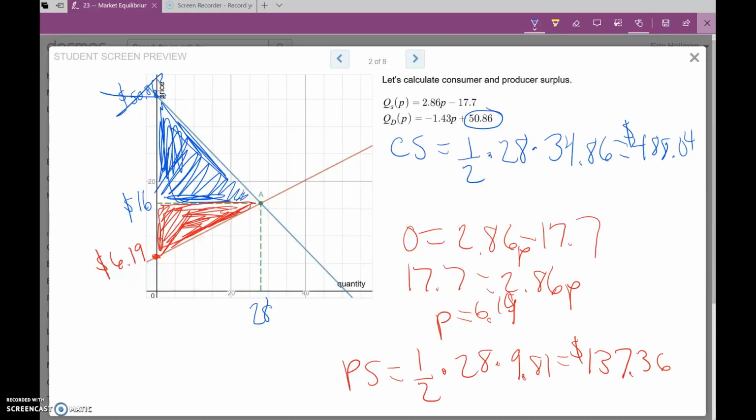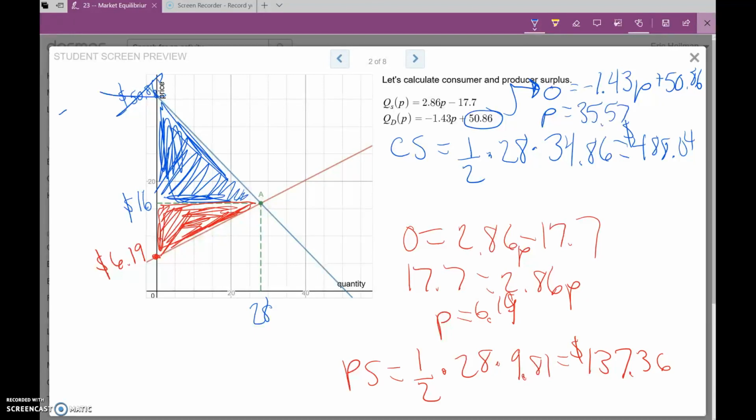You can't read the intercept on the price axis from the equation because the axes are reversed. So we need to do something similar here. We need to set quantity demanded equal to 0 and then solve for P. So we want to know what price causes quantity to be equal to 0. So along the vertical axis, quantity is 0. If you move the 50.86 over to the left-hand side and then divide by 1.43, you get that the intercept price there is 35.57.